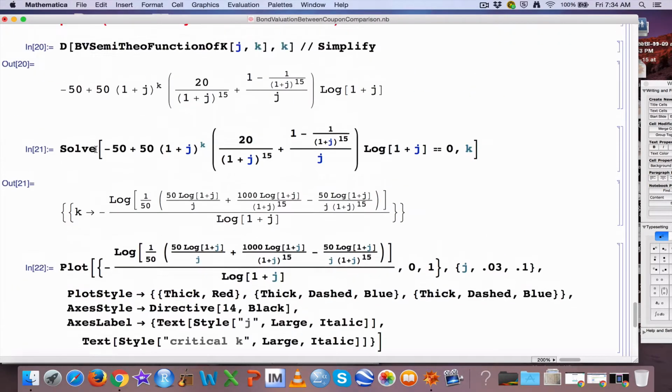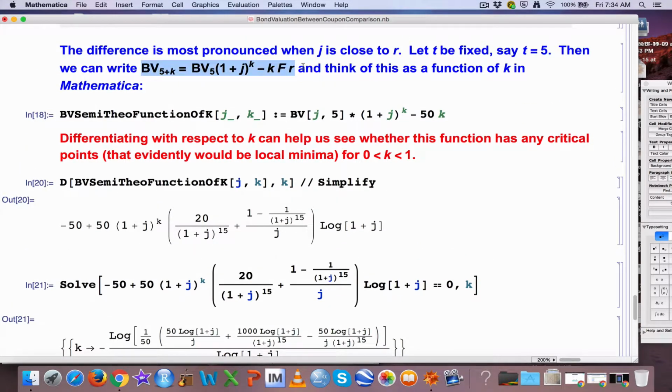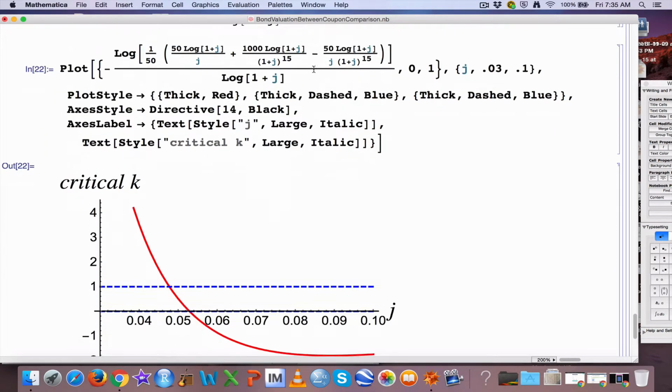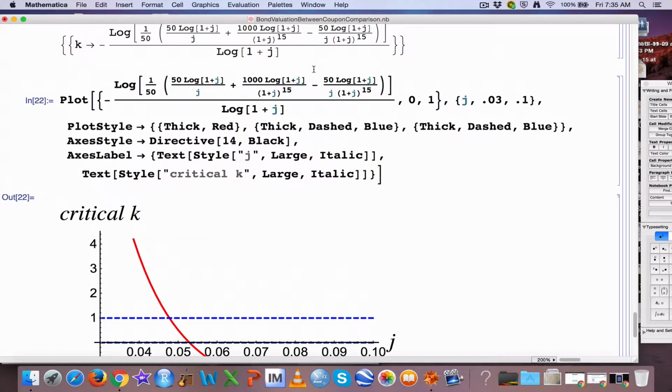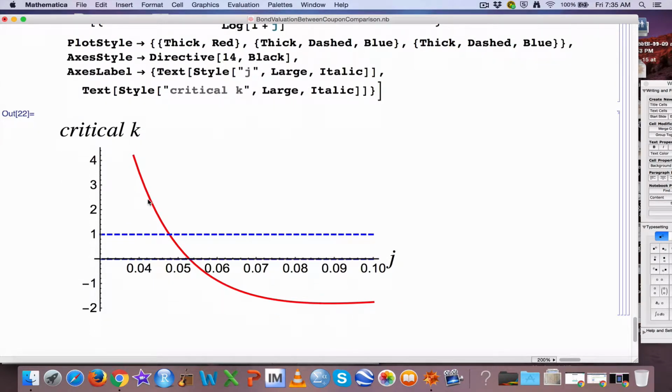You know, this equation here can be used for k bigger than 1 or k less than 0. We're only interested in it when k is between 0 and 1. This formula and this graph down there are telling us the function itself does have critical points for different values of j that occur at different values of k.